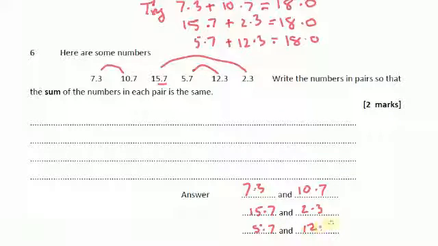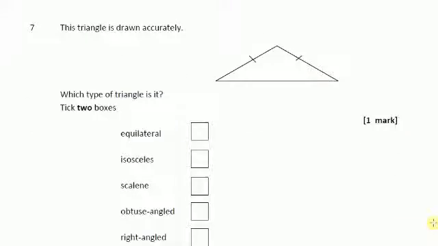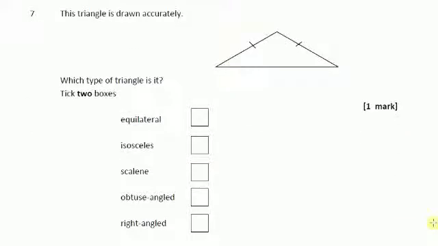We move on to number 7. Question 7 says, this triangle is drawn accurately. So, which type of triangle is it? Tick 2 boxes. Equilateral, isosceles, scalene, obtuse angled, and right angle. You've got to know the meaning of all these words. So let's just revise.